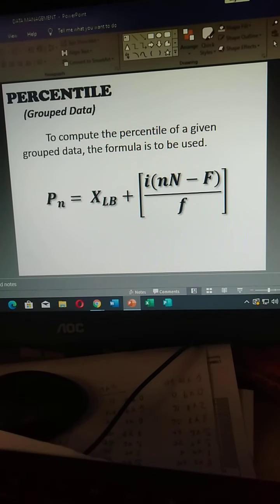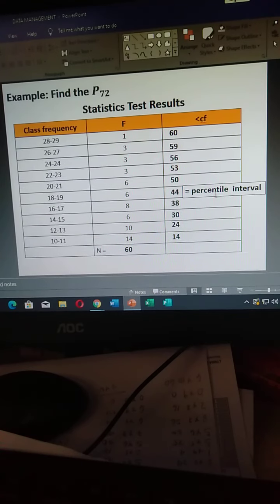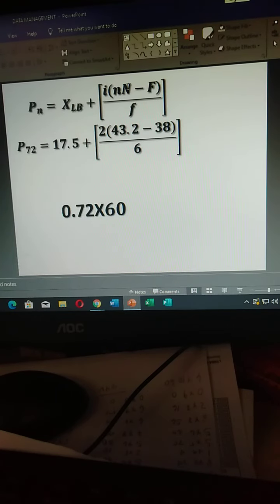Okay, so I will give you the technical part mamaya. So, sa example kanina, sinabi natin kung ano yung meaning ng XLB, ganyan. And then, ito yung example natin. Bakit naging ito yung percentile interval natin? Ang magiging basis natin ay itong n na malaki at saka n na maliit.